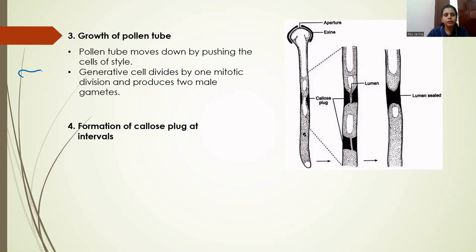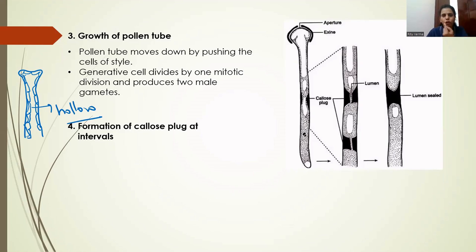In certain species, the style is hollow from inside, and one or two layers of cells are present only in the periphery. As you can see here in this diagram, the style is completely hollow from the center, and one or two layers of cells are present only in the periphery.